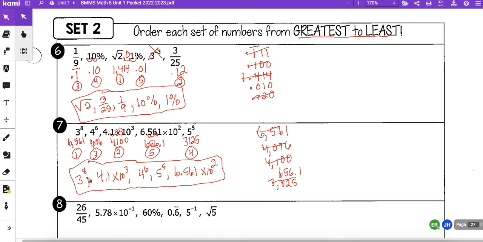So remember, when you're ordering, make sure you are paying attention to the directions. Greatest to least, or descending order, or you might be asked least to greatest, which is ascending order.